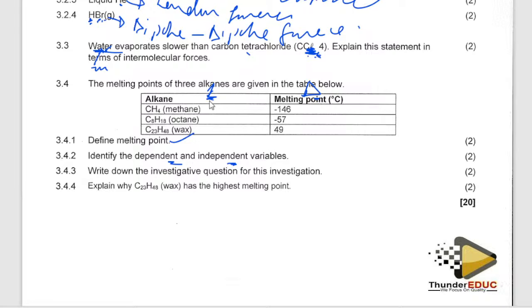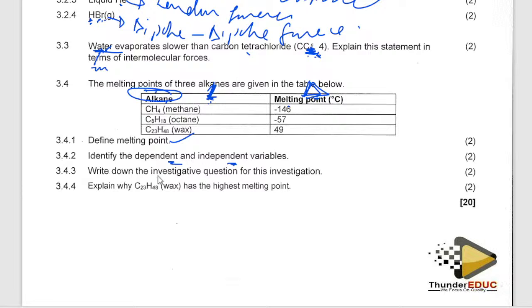The independent variable is these alkanes. All of them are alkanes, so this temperature will depend on the type of alkane. Write down: this is independent, this is dependent.